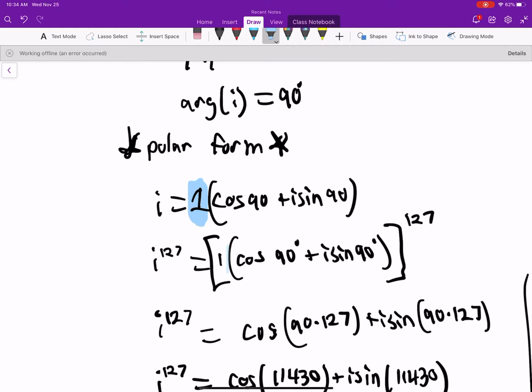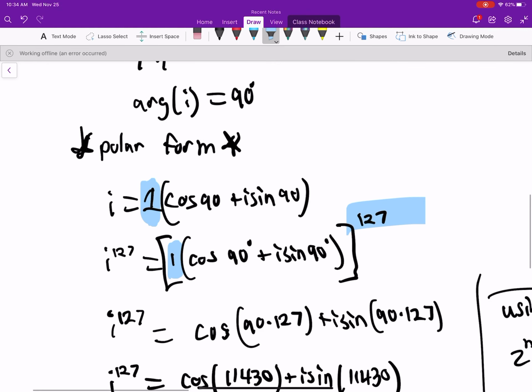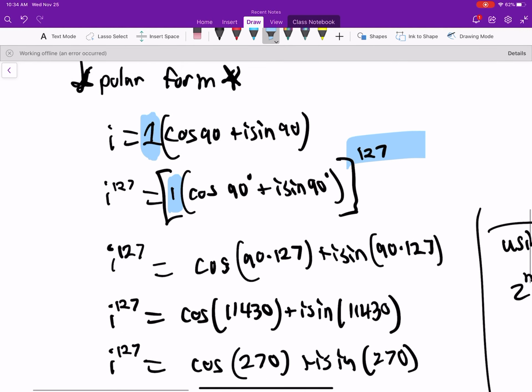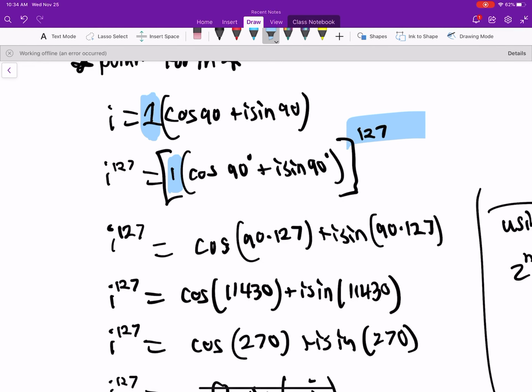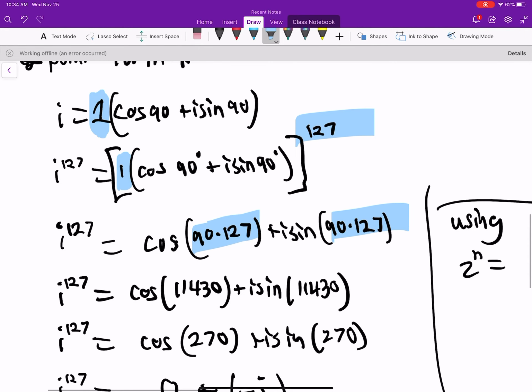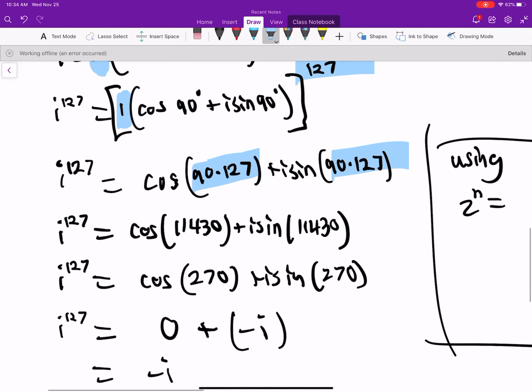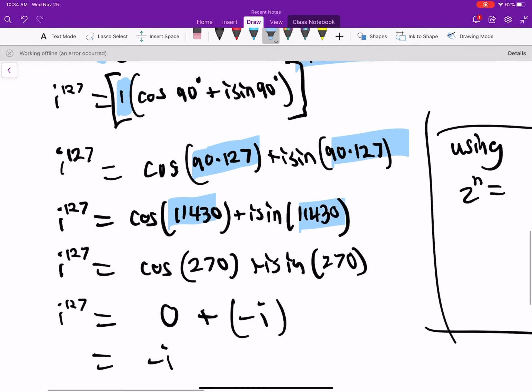And then when we take 1 to the 127th, we actually get 1, but we're not forgetting about it, right? And so then we end up with where we're adding the degrees now, or adding them over and over, which is multiplication. And then I get to this point here where I say I get 11,430 degrees.